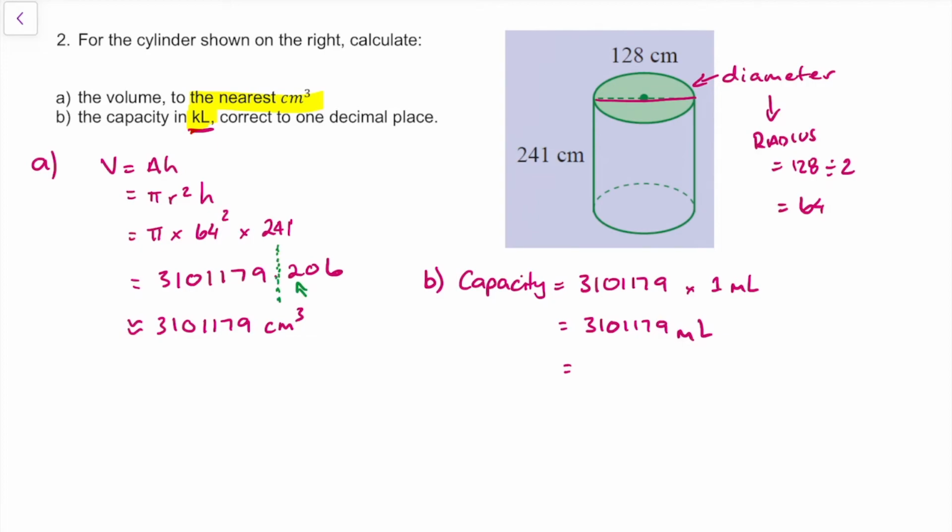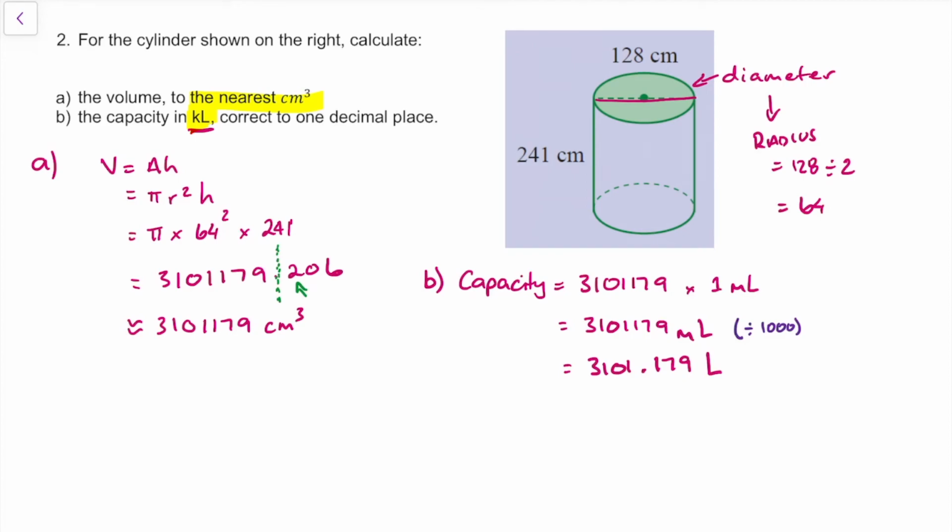Okay, so if we divide by 1,000, we're going to get to our litres. Dividing that by 1,000, we're going to get 3101.179. Now all you really need to do there is move the decimal point. Okay, so now we have litres, but we want kiloliters, don't we?